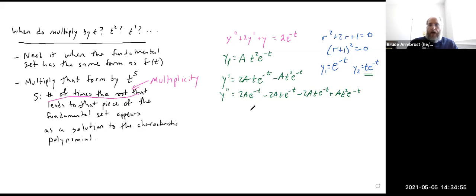When I combine all that together, y double prime gives me 2a e to the minus t minus 4at e to the minus t plus at squared e to the minus t. I'm going to add two of these, so plus 4at e to the minus t minus 2at squared. And then we add in our original function.